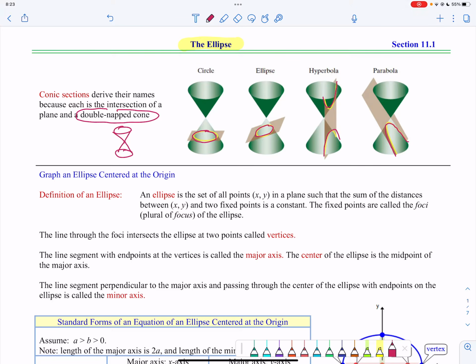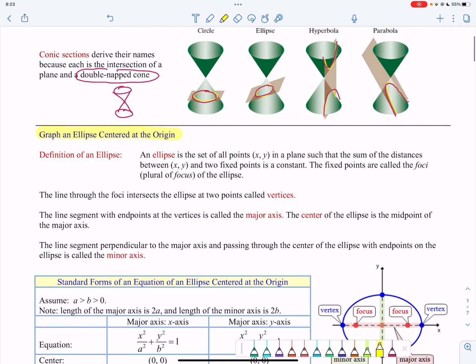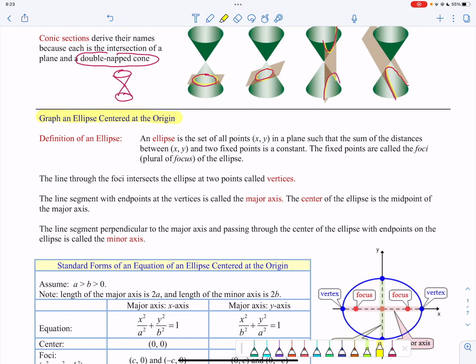So let's talk about how to graph an ellipse that is centered at the origin. We will define an ellipse as the set of all points x, y in a plane such that the sum of the distances between that point and two fixed points is a constant.